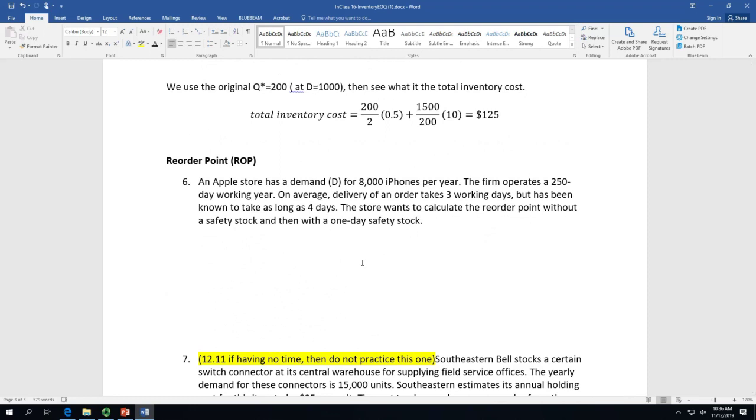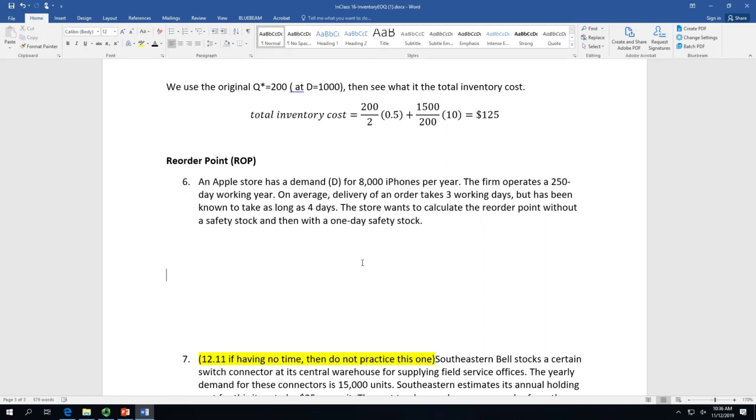On average, the delivery of an order takes 3 working days. That means the lead time: you place the order and receive the order in 3 working days. But it has been known to take as long as 4 days. So the average is probably 3 days, but sometimes it may take 4 days.